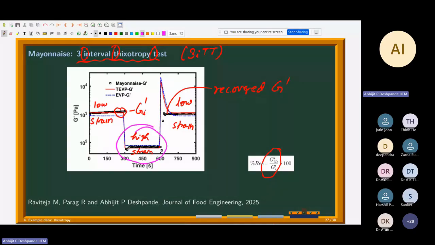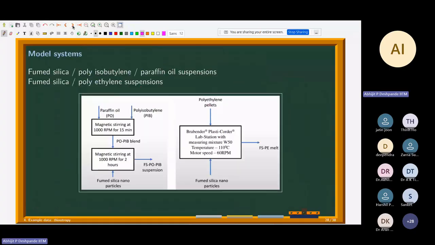Given the high strain at which the material was deformed, the droplet structure, the agglomerated droplets, the shape of the drops, all of these will keep getting deformed. And so the material shows a thixotropic response in terms of structural breakdown and rebuilding. So this is an example using mayonnaise.